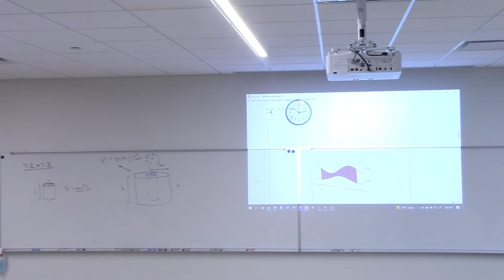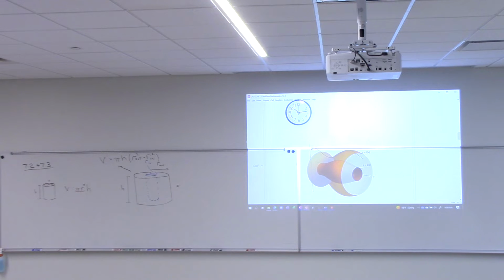So we're just going to take that region, sweep it around the x-axis like this, right? And when we do that, we're going to create a solid shape. That's what's going to happen as we swing it through and around the x-axis. And that solid shape has a volume to it, and we want to know what that volume is. I'm going to make it somewhat transparent so you can see the inside.